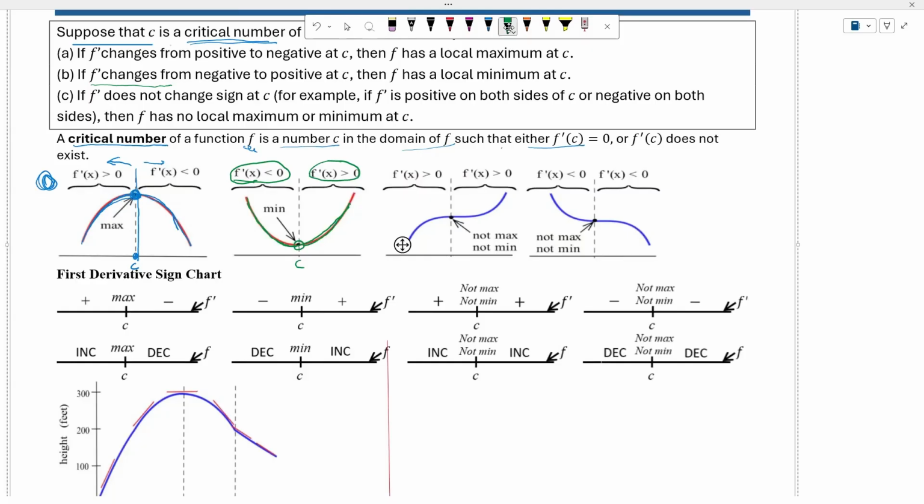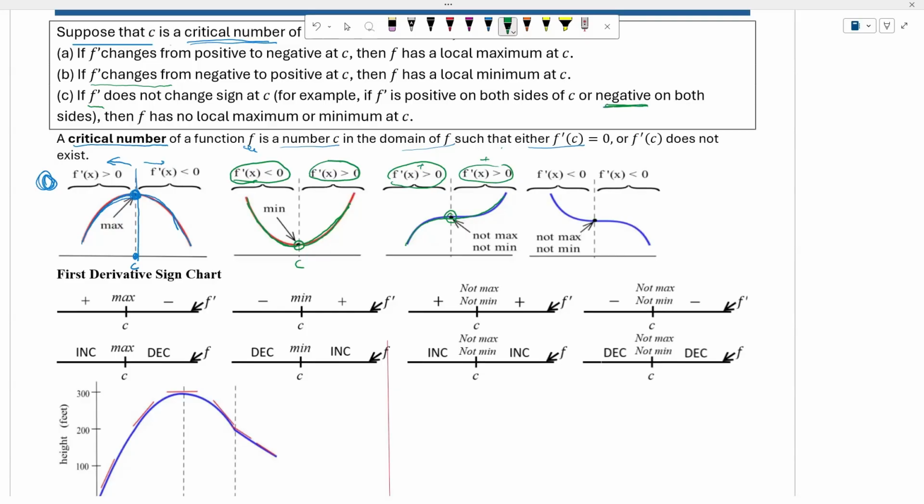And if f prime does not change sign at c, for example, if f prime is positive on both sides, increasing and increasing, then this point right here is not a maximum, not a minimum.